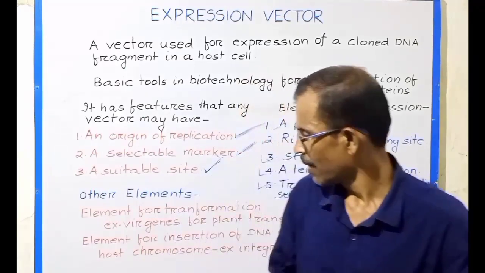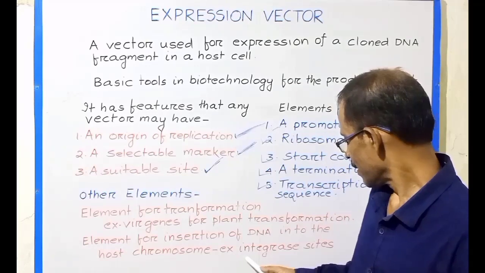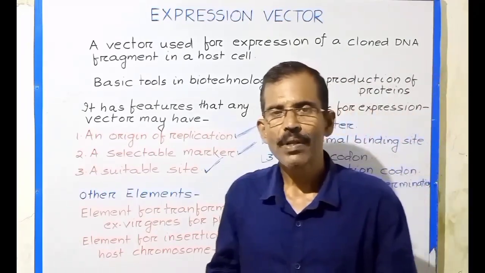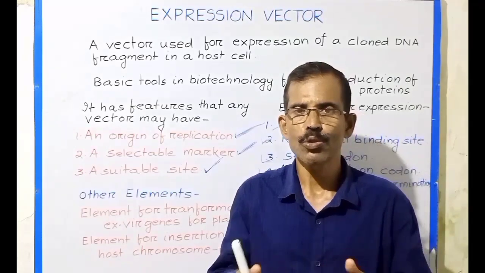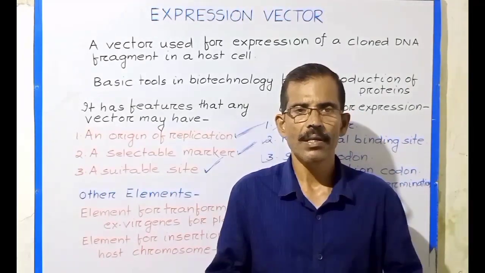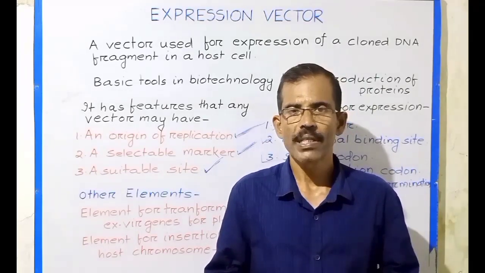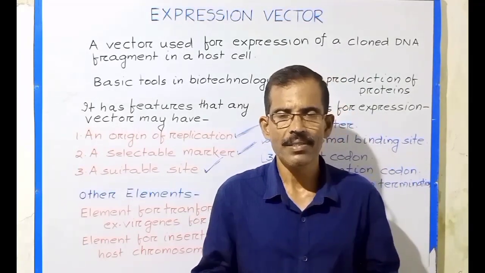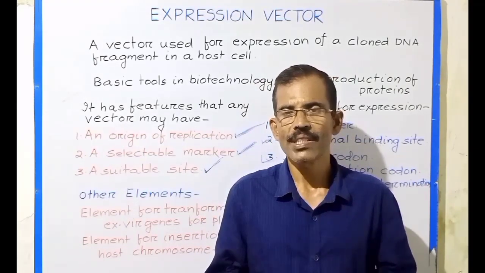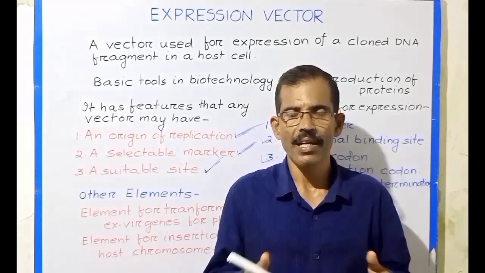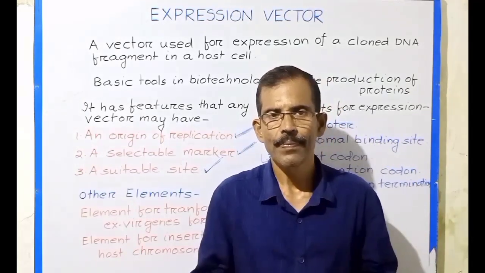For example, vir genes for plant transformation and the integrase site for insertion of DNA into the host chromosome. In addition, expression vectors may have specific targeting sequences that target the synthesized protein to a specific location, such as the periplasmic space of bacteria.